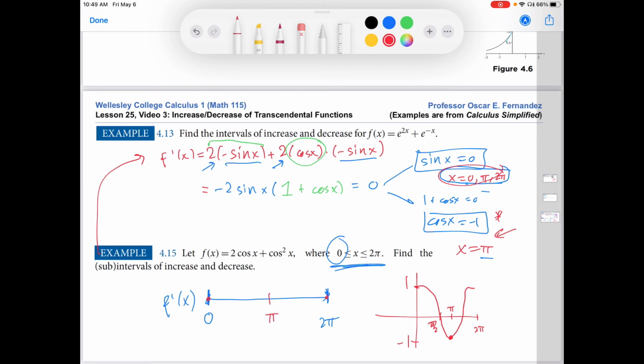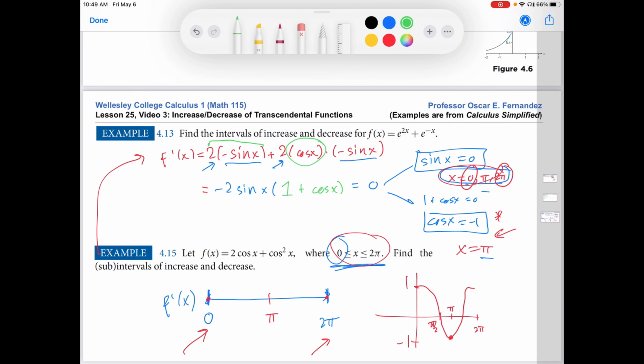You can see there are only two intervals that this splits our original 0 to 2 pi interval into, not more, because 0 and 2 pi are the endpoints of the interval. We're not going to consider x values over here or over here because that is outside our interval. So all we have to do is consider x values in these two subintervals.